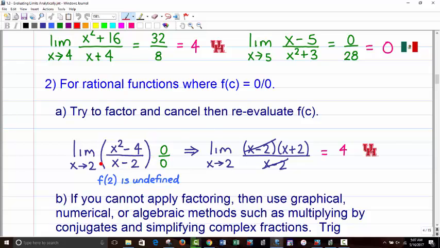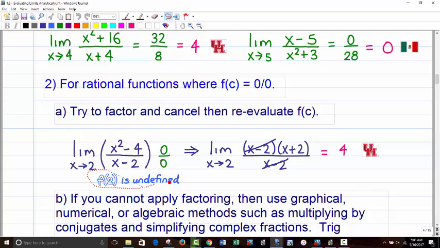Well, so you see, you plug 2 in there, you get 0 over 0. So as I said in a previous video, from a function standpoint, you can't do this canceling, but you can from a limit standpoint. But, obviously, f of 2 is still undefined right here, no doubt.